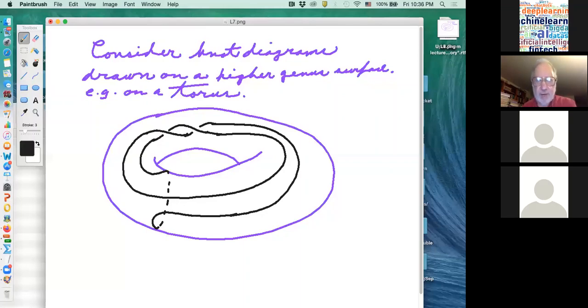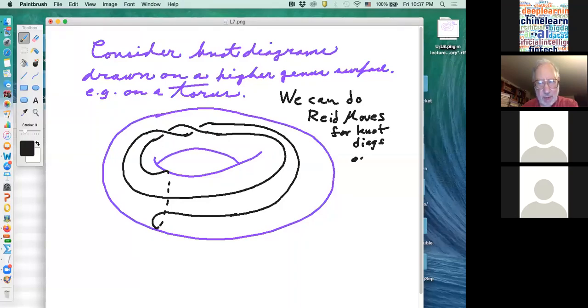And we can do Reidemeister moves for knots, for knot diagrams on the surface.